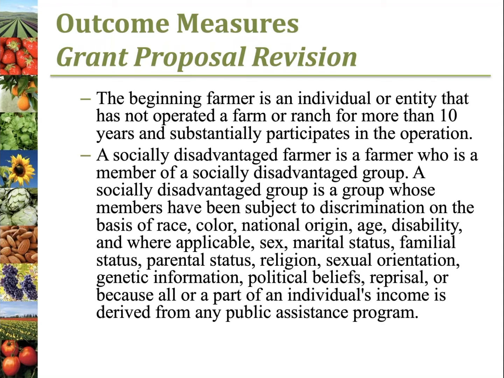A socially disadvantaged group is a group whose members have been subject to discrimination on the basis of race, color, national origin, age, disability, and where applicable, sex, marital status, familial status, parental status, religion, sexual orientation, genetic information, political beliefs, reprisal, or because all or a part of an individual's income is derived from any public assistance program.